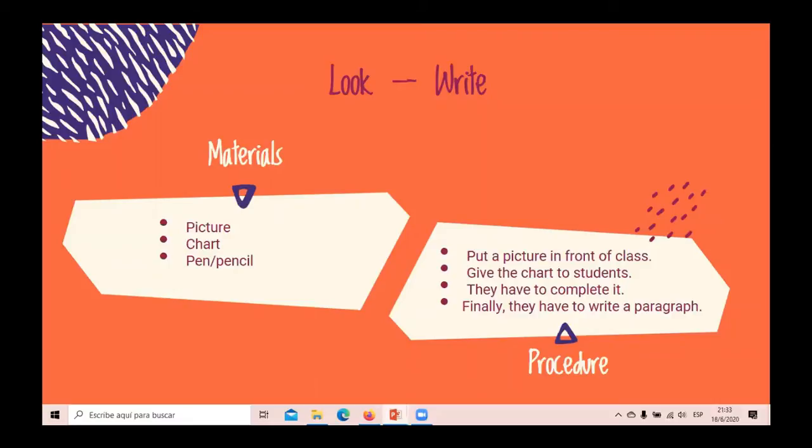Then the teacher will give the chart to the students. Maybe they can work in pairs or groups of three, or also individually. Then they have to complete the chart, and finally they have to write a paragraph.